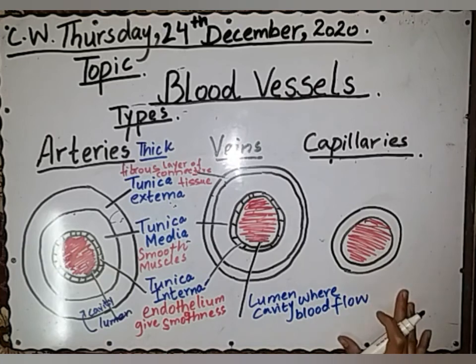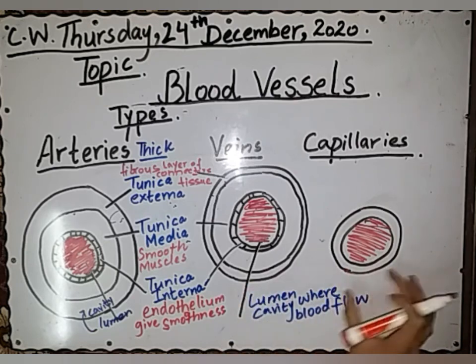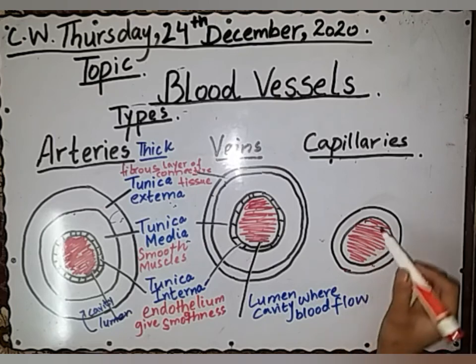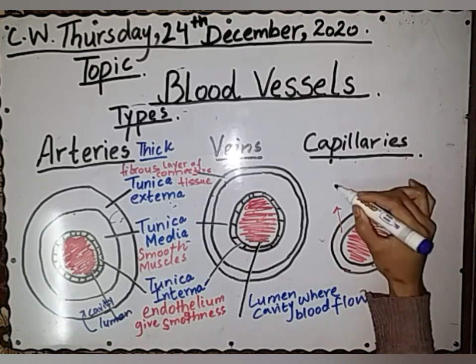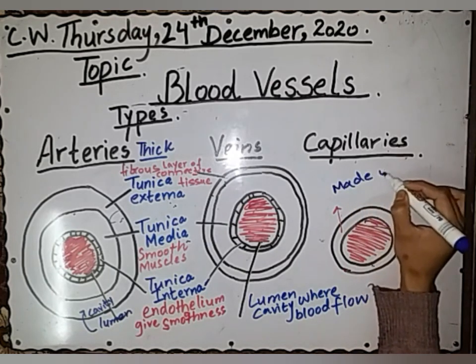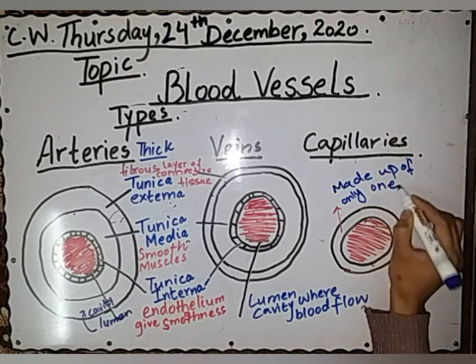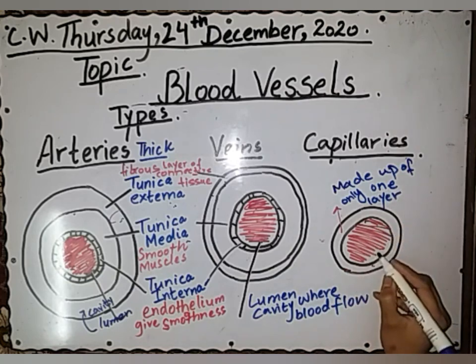Now let's have a look at the capillary structure. Students, as I have already explained, capillaries are small and microscopic. So the size of a capillary is small and it does not consist of multiple layers. It consists of a single layer, made up of only one layer of endothelial cells.